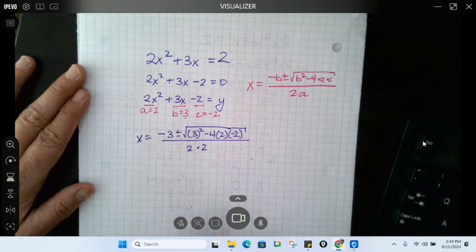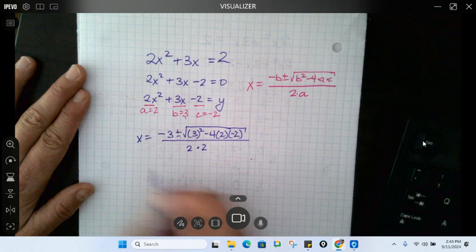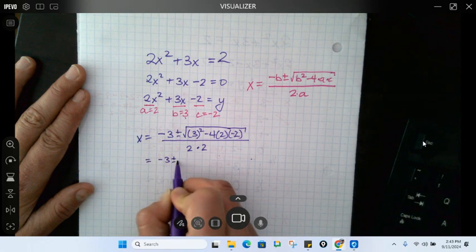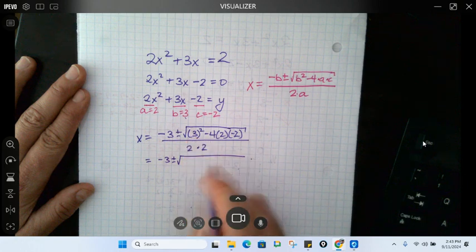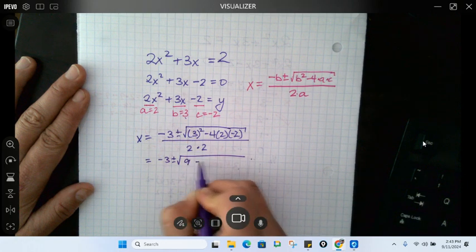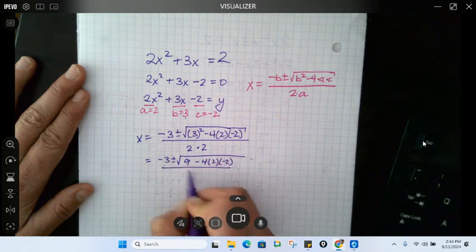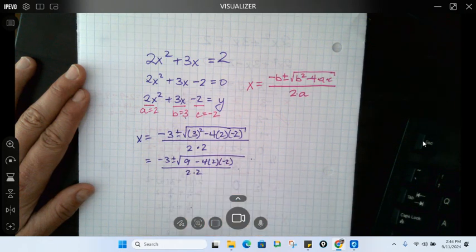Okay, and then now I'm just going to be following order of operations, or PEMDAS, to be able to simplify this. So looking here, I need to take care of my exponent first. So now I have 9 minus 4 times 2 times this negative 2, all over 2 times 2. Okay, and then now I'm going to perform multiplication.